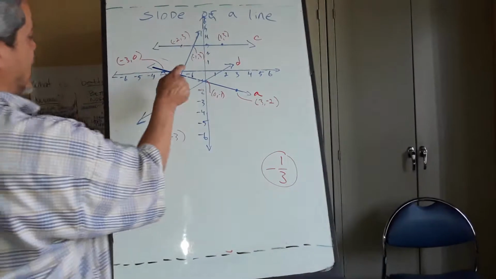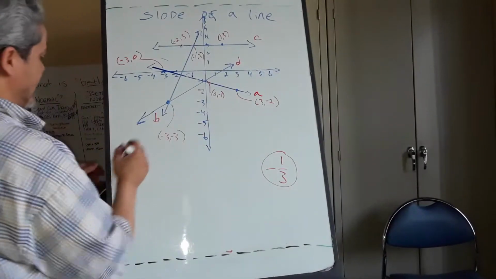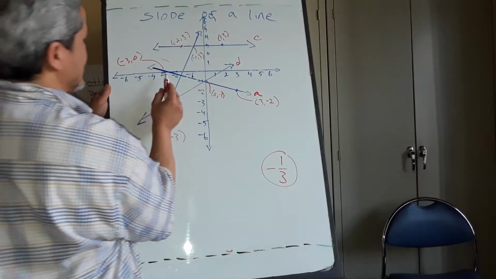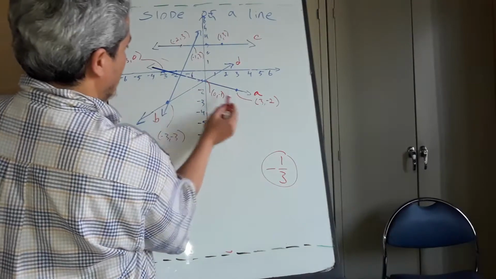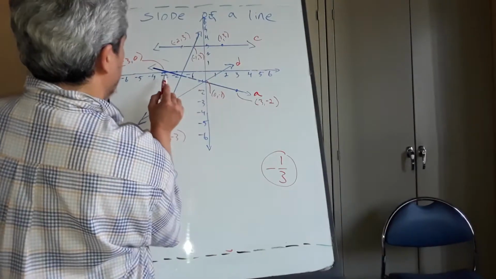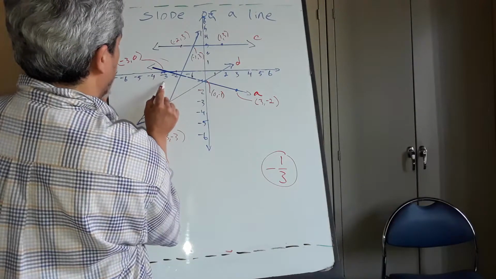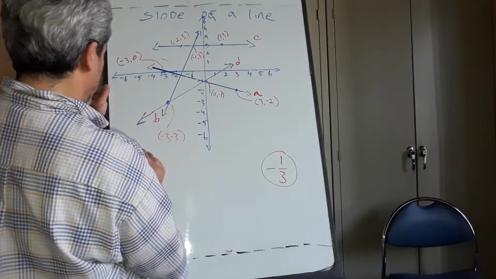Okay, so let's try A. The rise and run. In this case, you want to get from this point to this point. This is at -2, so from this point you go 1, 2.